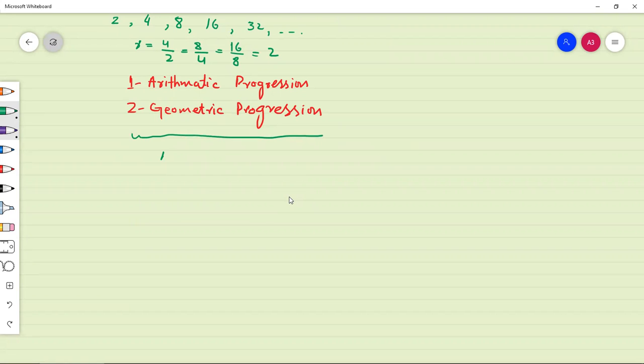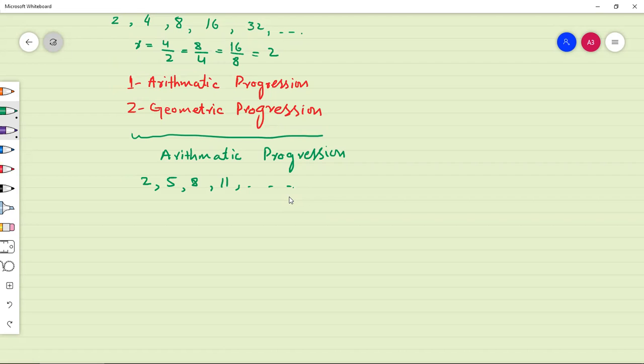Arithmetic progression is actually a sequence where the common difference is the same. I'm going to write any sequence: 2, 5, 8, 11, and so on. Or you can ask, sir, which sequence is called arithmetic progression or arithmetic sequence?